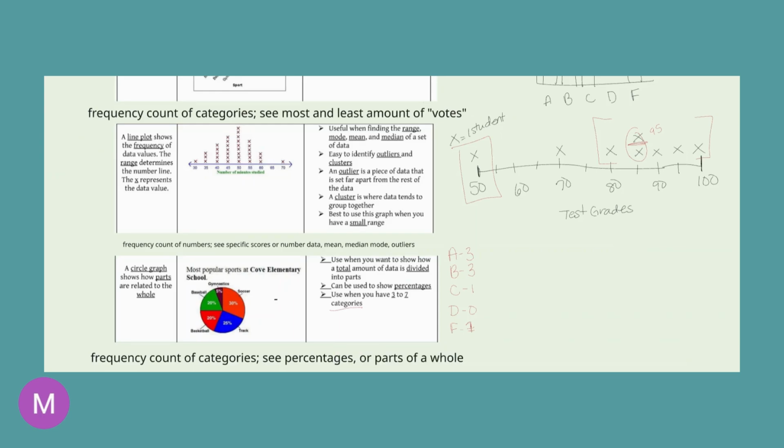How many students did we have in that class? 8. So there were 3 out of the 8 students that got an A.